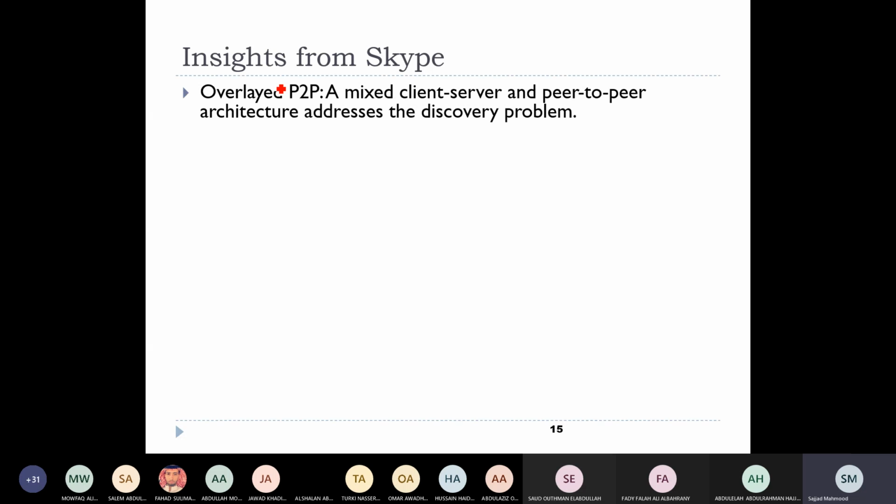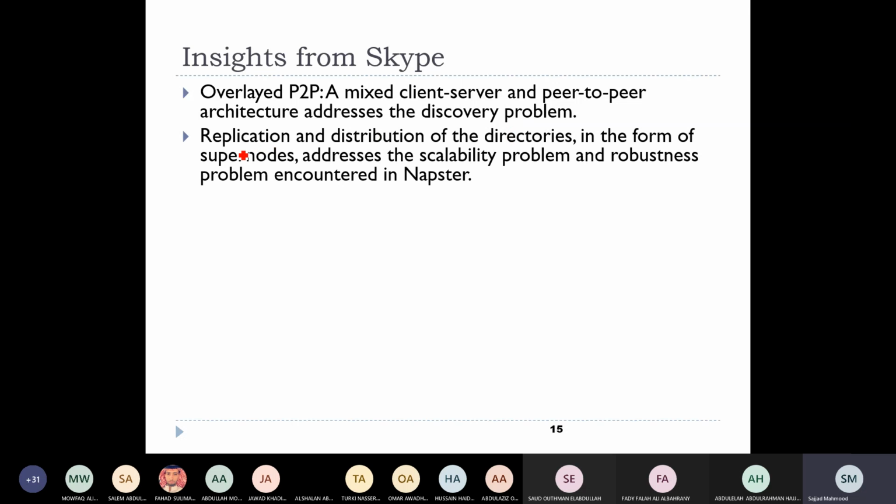So technically, such a style is called overlay P2P because it's a mixture of client-server and P2P. From an architecture perspective, it has supernodes in it. As one of us just raised a very important question, they are replicated, with replication and distribution of directories in their protocol, in the form of these supernodes.